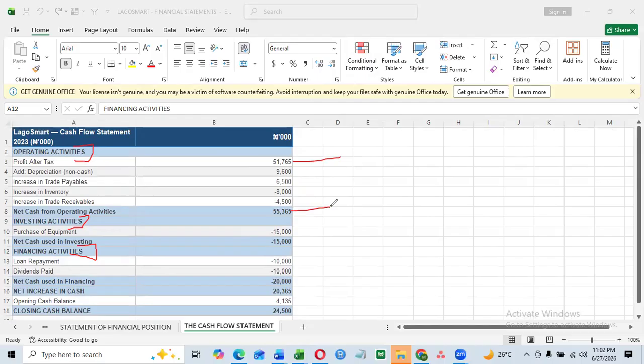Slightly higher than the profits. Why? Because depreciation is a non-cash expense we added back.